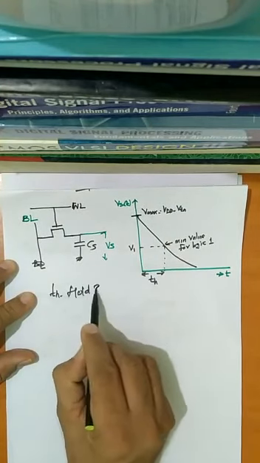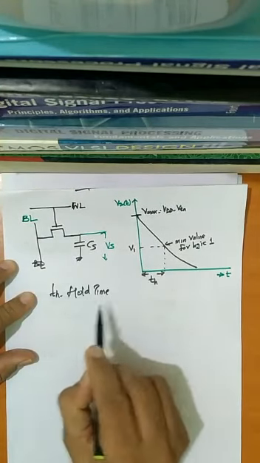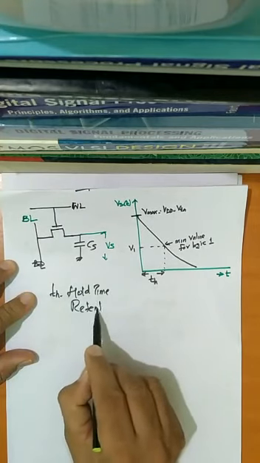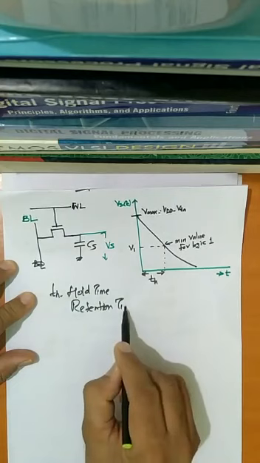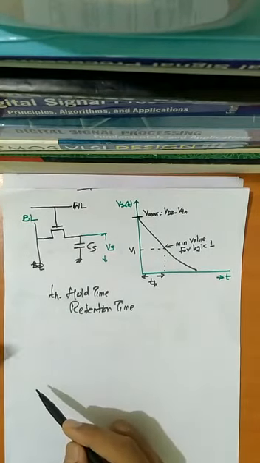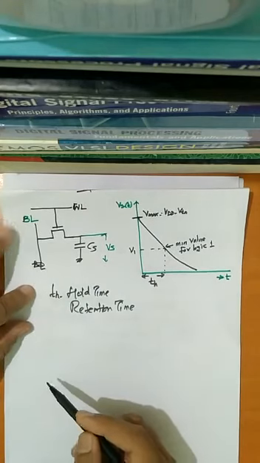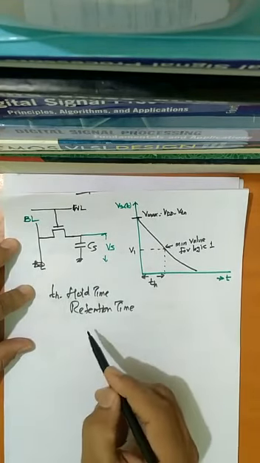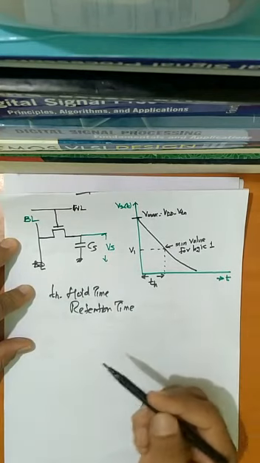Hold time, or retention time. How do we define this? It is the longest period of time that the cell can maintain a voltage large enough to be interpreted as a logic one.